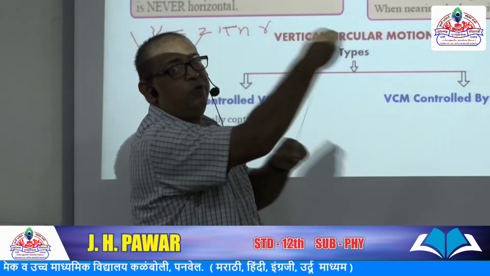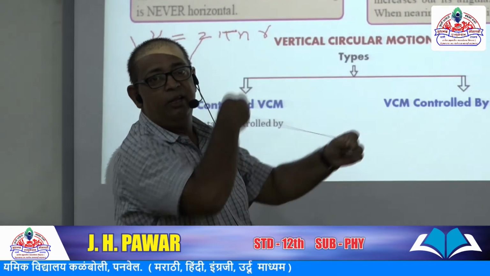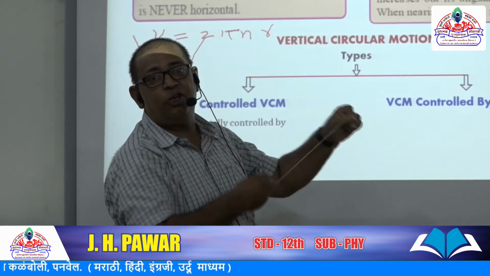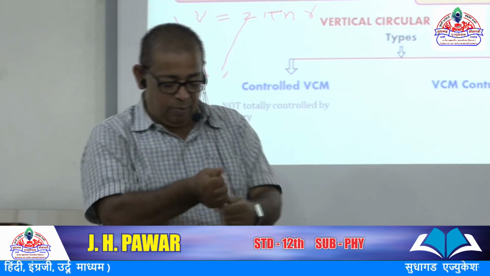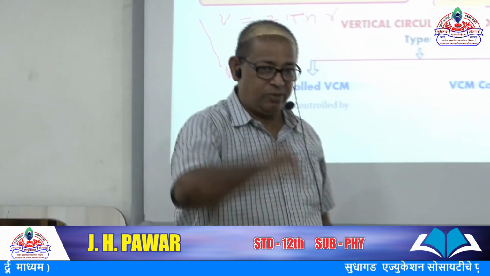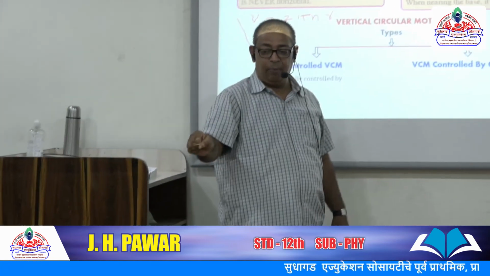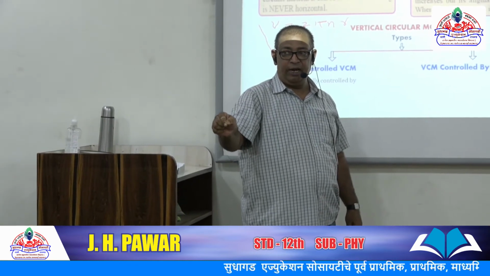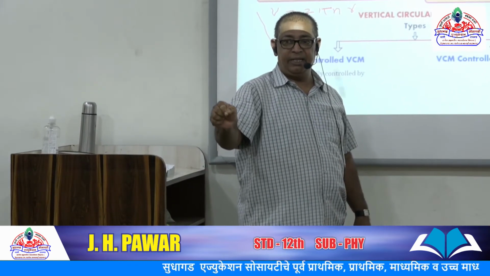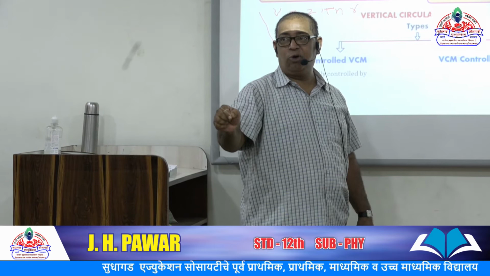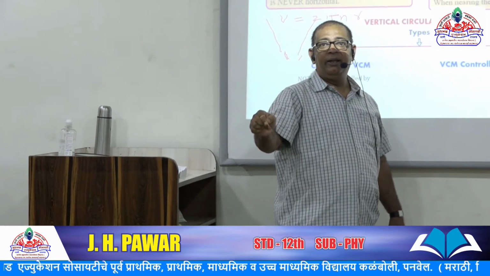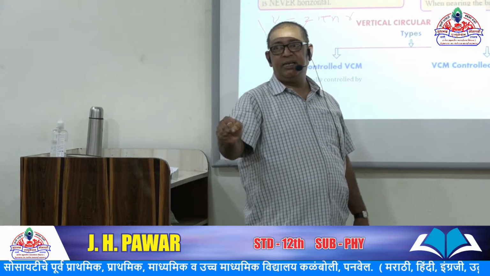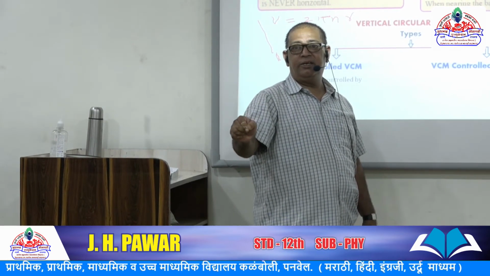Then it is controlled. I am controlling the vertical circular motion of that bob. But suppose I give a motion in this way and again I control it, but once I release it or do not give any force, it is uncontrolled, totally controlled by gravity.